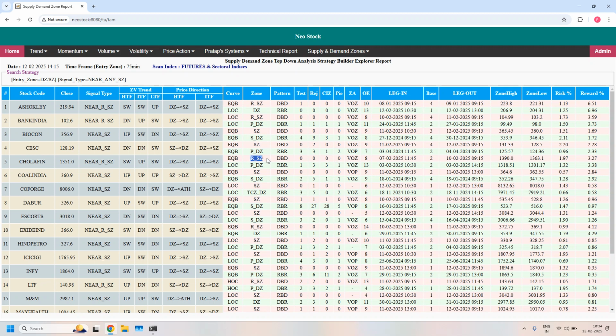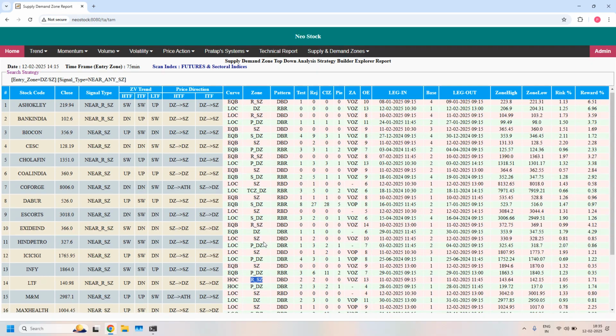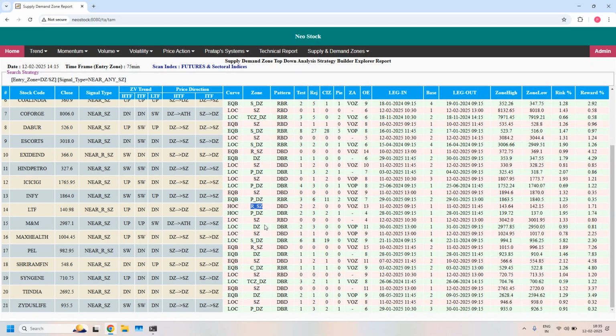Cholamandalam Finance is having a high liquidity 75 minutes supply zone. Exide Industries is having a high liquidity 75 minutes supply zone. L&T Finance is having a high liquidity 75 minutes supply zone.